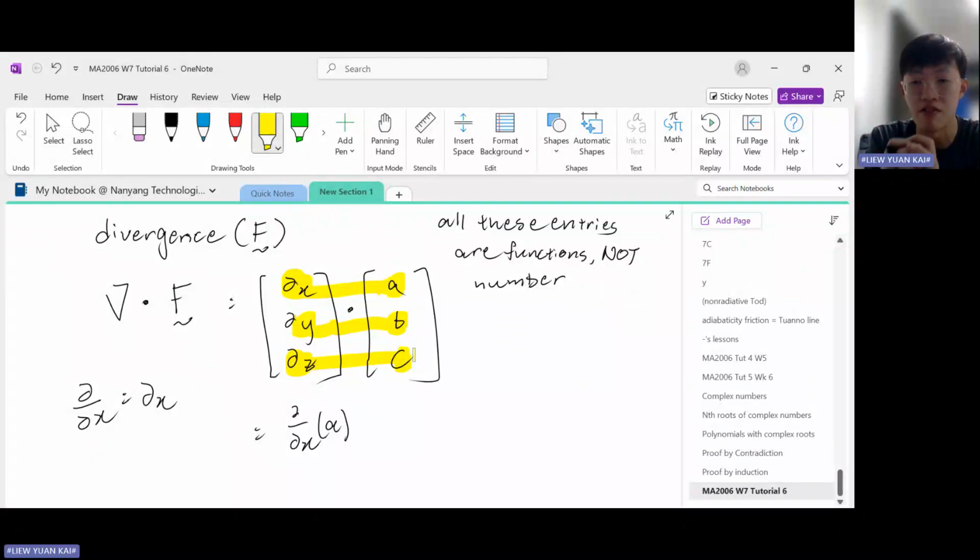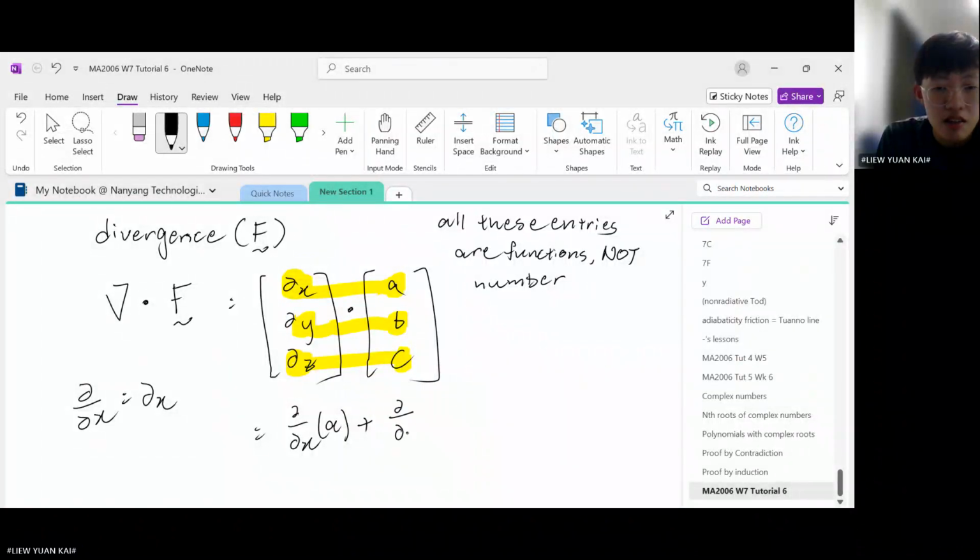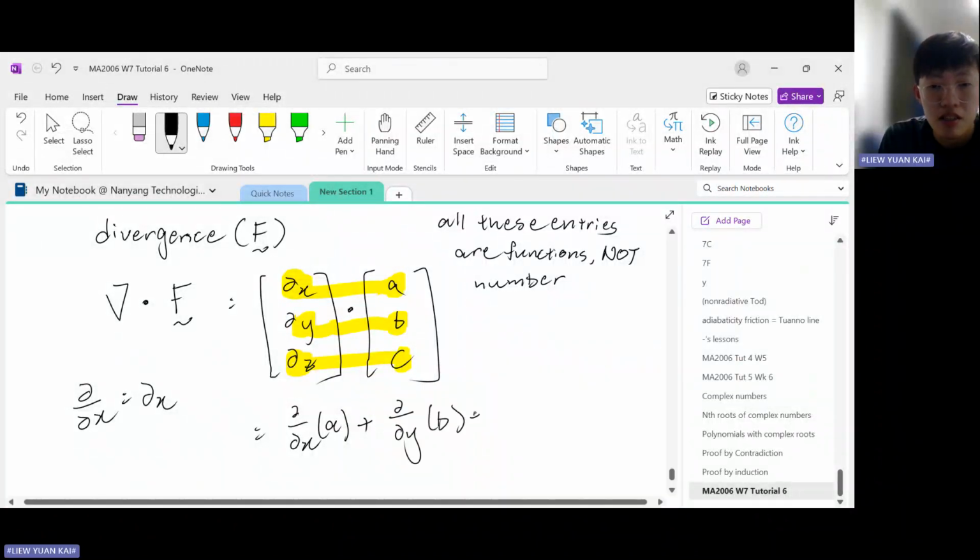I'm taking the derivative in each entry. If these were numbers, I would multiply them, but now we're taking the derivative operator and the function, and we just act them upon each other. Plus this, plus this. This is how you get the divergence of a vector function.